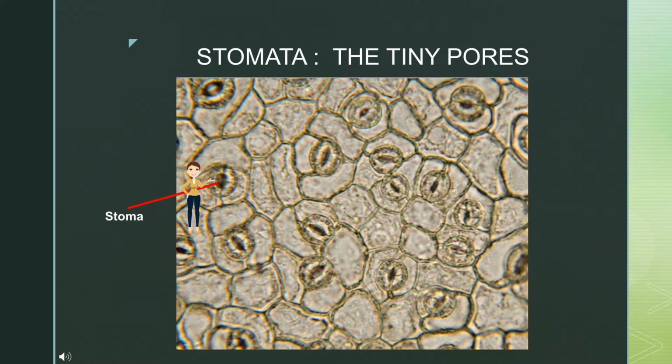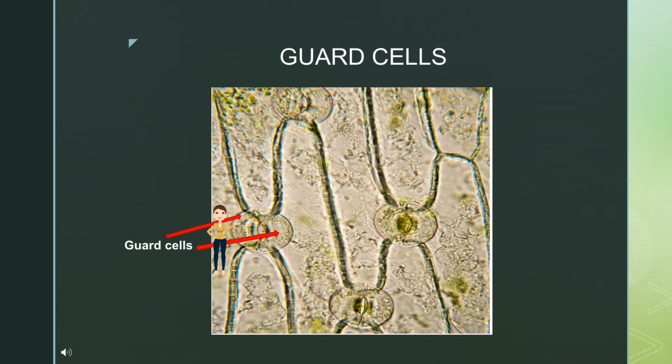When we are talking about one stomata, that is its singular form, it is called stoma. These pores, that is stomata, are located on the underside of leaves. The stomata are surrounded by guard cells. The guard cells control opening or closing of stomata.